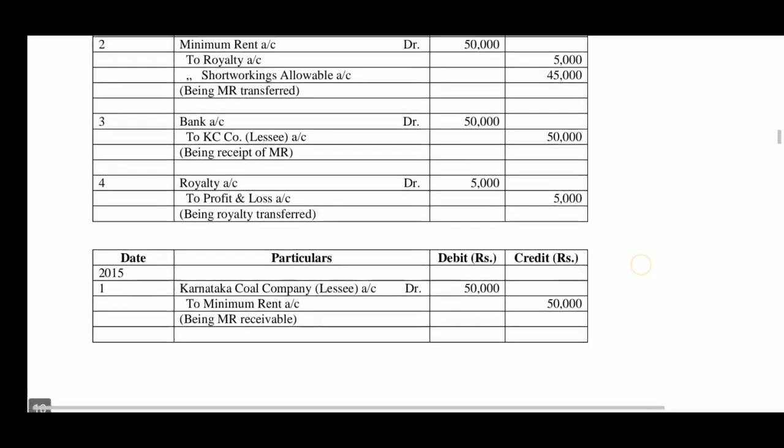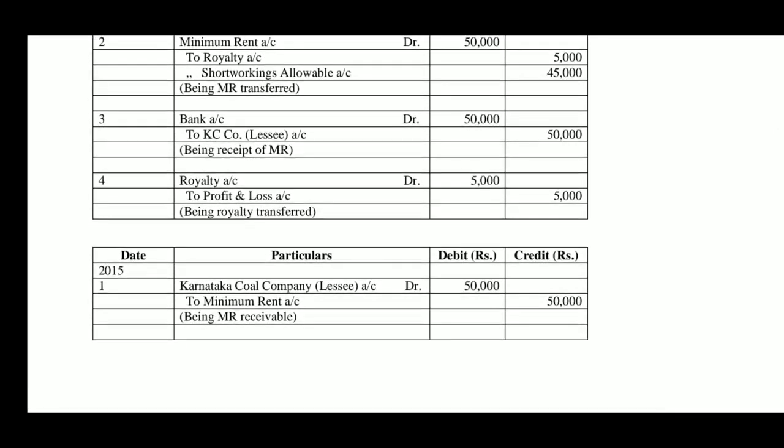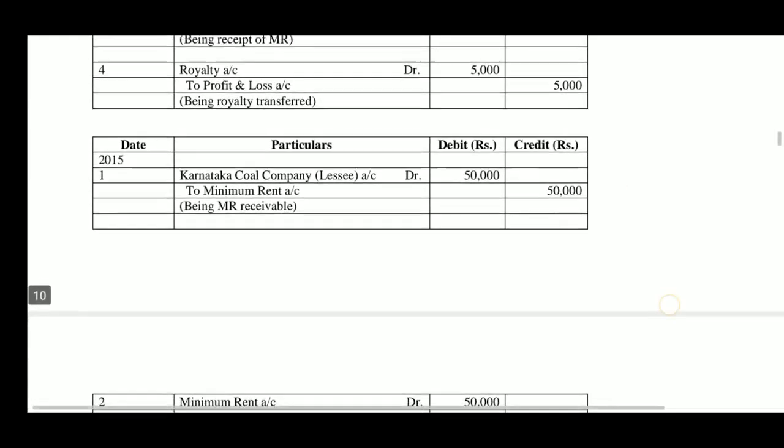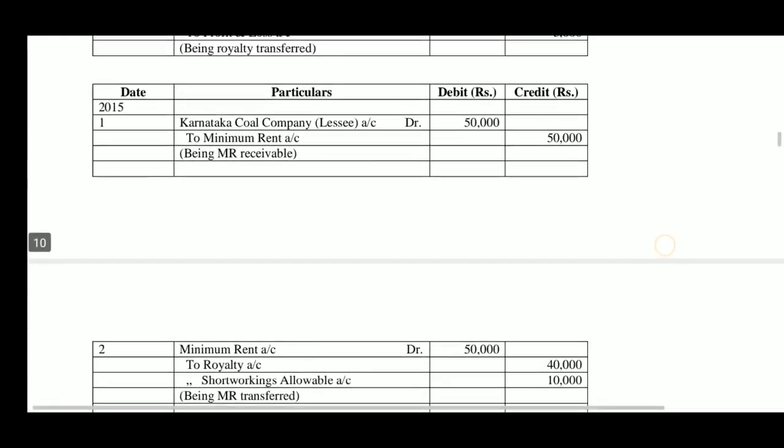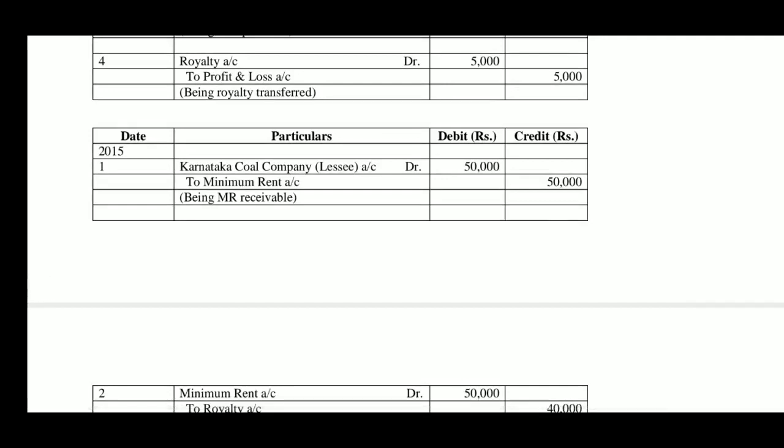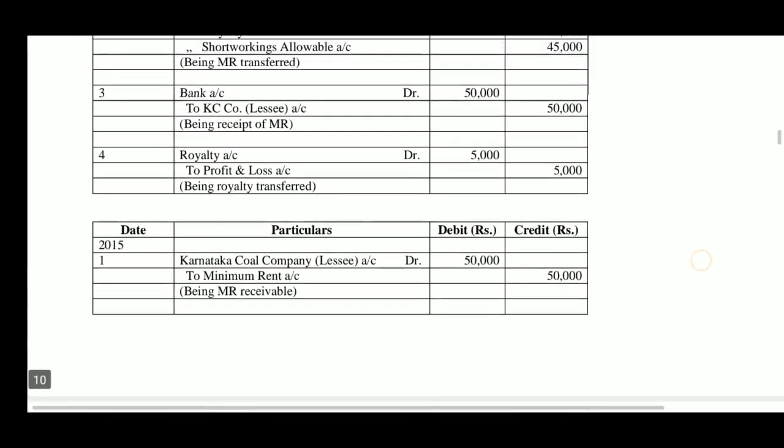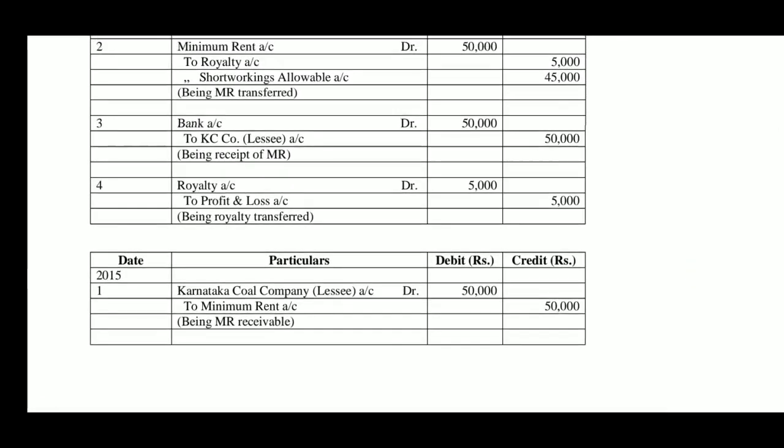Now, for the year 2015 also, the same entries repeat because the minimum rent is more than the royalty in the second year also, but the amount just varies because minimum rent is 50,000 rupees in the second year also, but royalty is not 5,000 rupees, it is 40,000 rupees.